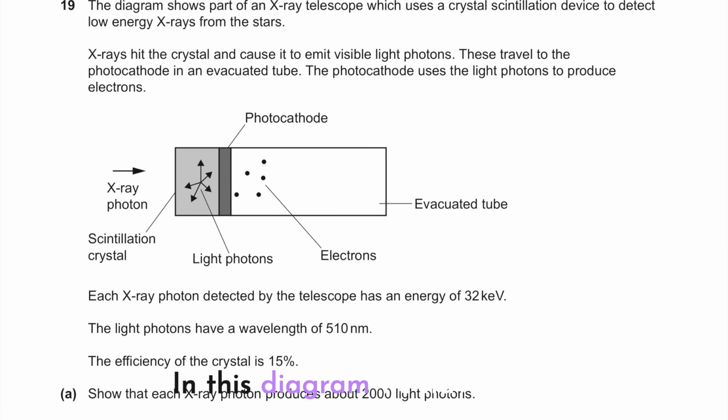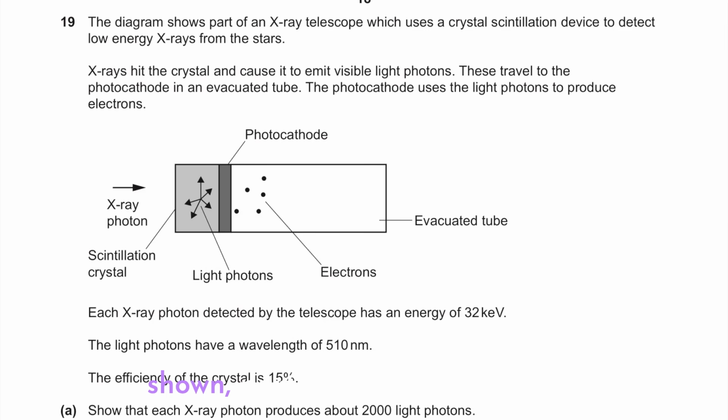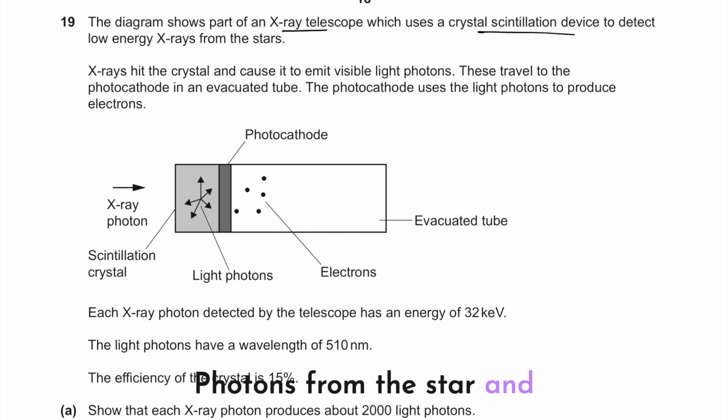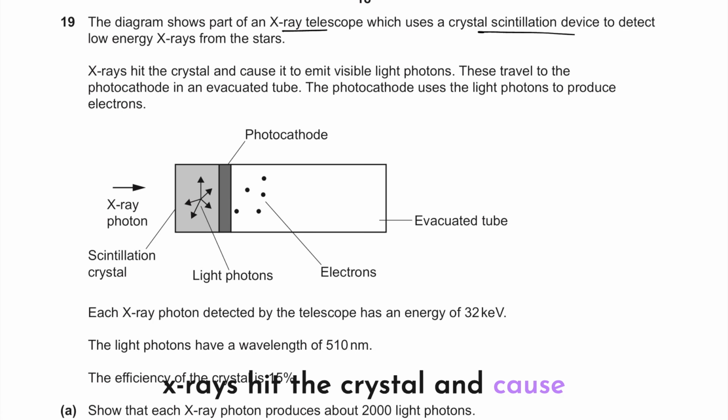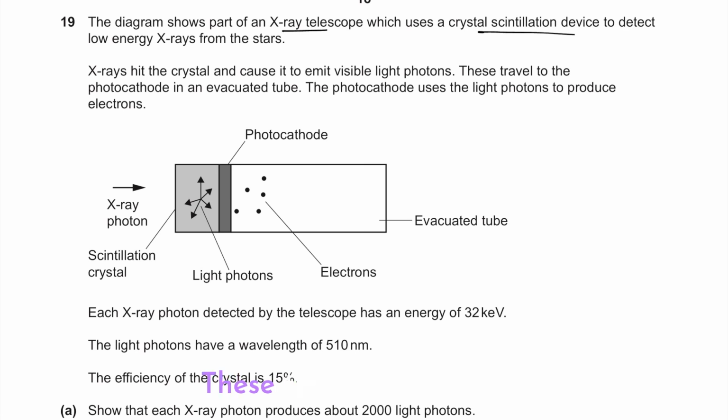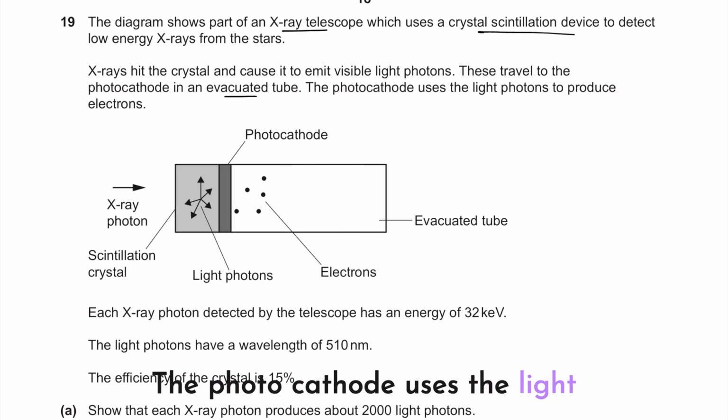In this diagram, we have been shown part of an X-ray telescope which uses a crystal scintillation device to detect low-energy X-ray photons from the star. X-rays hit the crystal and cause it to emit visible light photons. These travel to the photocathode in an evacuated tube. The photocathode uses the light photons to produce electrons.